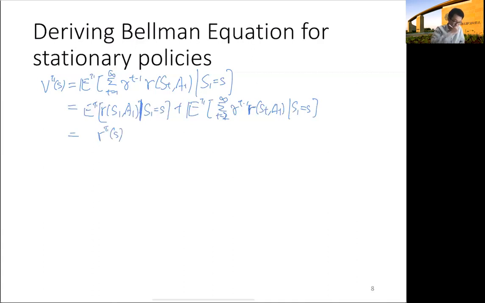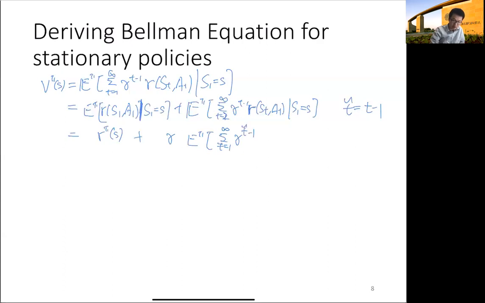Now we'll do the typical change of variable by defining t tilde to be t minus 1. Then we can rewrite this summation after extracting a factor of gamma out, and this becomes the expectation under pi of the summation of t tilde from 1 to infinity of gamma to the t tilde minus 1.